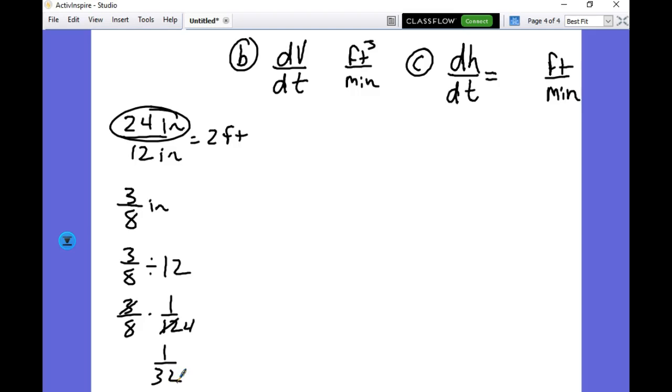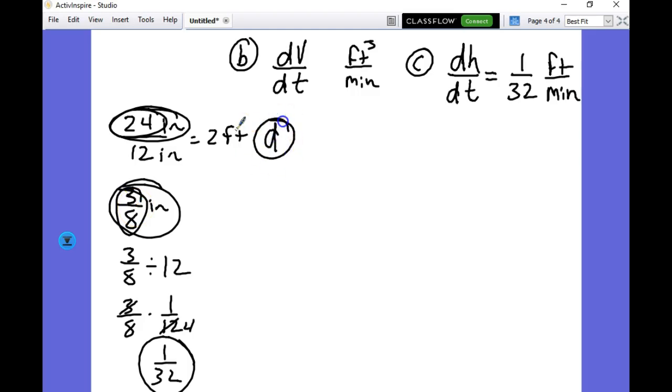So if the water is increasing at 3/8 of an inch per minute, then it's increasing at 1/32 of a foot per minute. So I converted the units. Notice that little strategy too. The fraction confused me, so I started with something that didn't confuse me, and I used that process to derive what to do with the one that did. It's a good math strategy. Soak it in and use it.